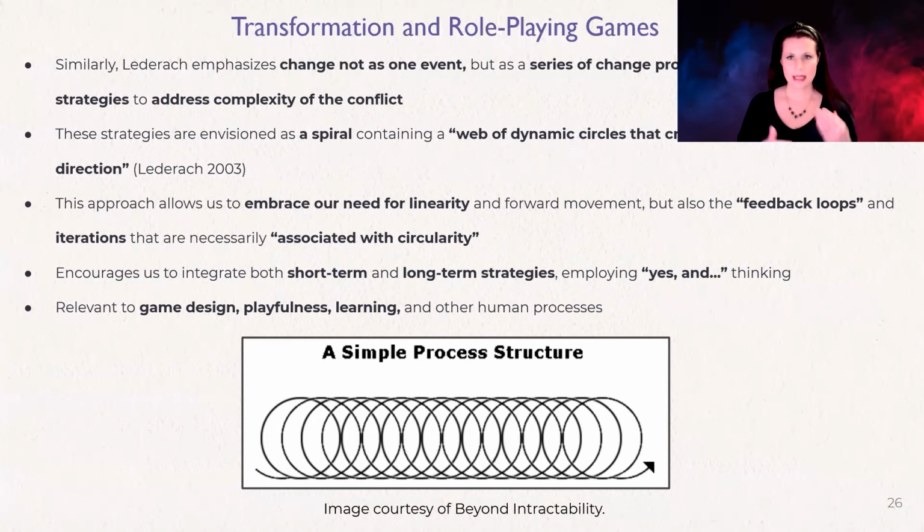So it gives us this sense of linearity, but it also allows for feedback loops, for that circular process to happen, and for iteration to happen. And those kinds of activities are associated with circularity. So coming back to the problem, figuring out what we can do next to try to create an even better future, essentially.